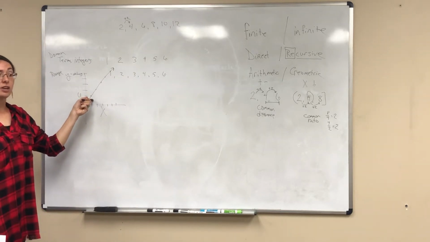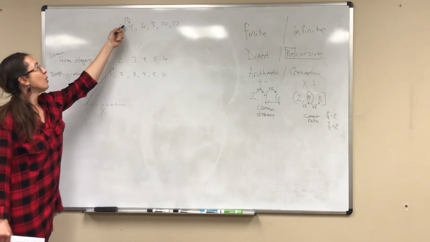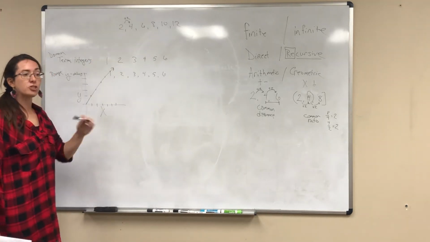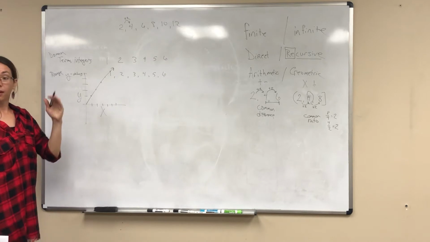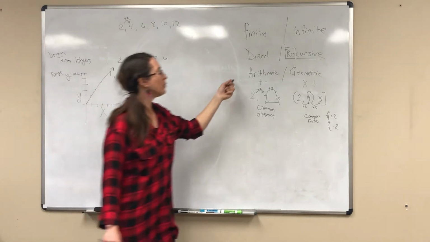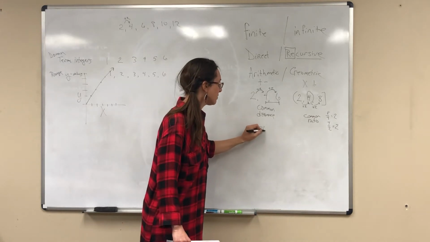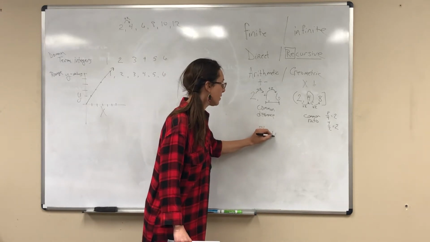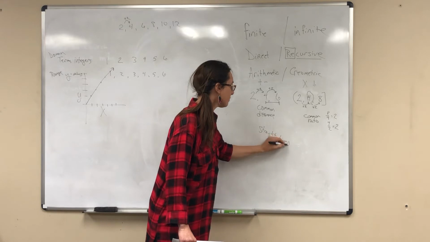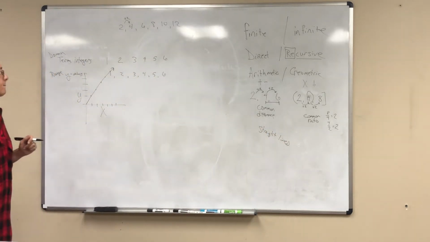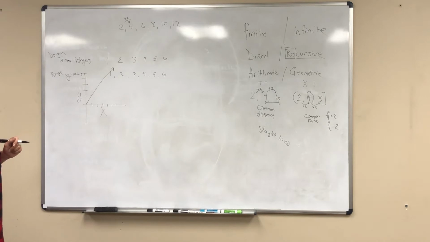A straight line. Your common difference there just affects your slope, correct? So when we are graphing an arithmetic sequence, we are going to get straight lines. If you see a graph, they're going to be lines.